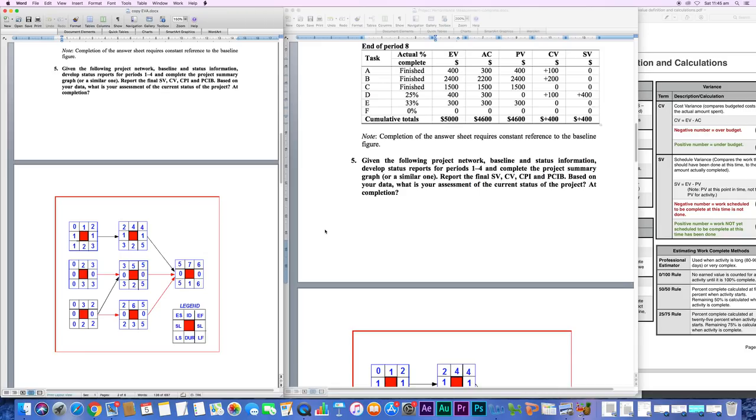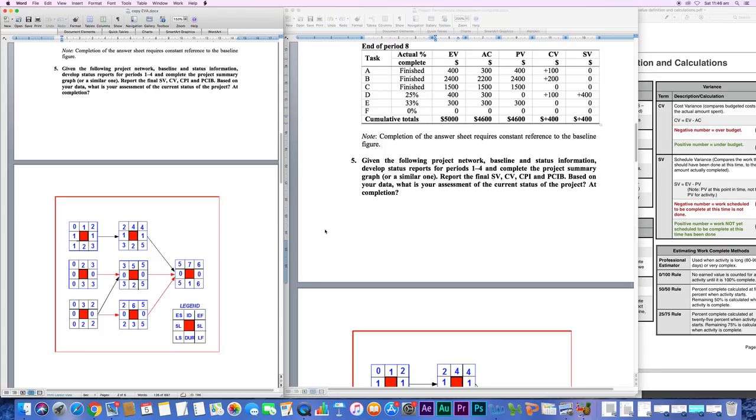The network is given to you, budget baseline is given to you, develop status reports for periods 1 to 4 and complete the project summary graph. Report the final schedule variance, cost variance, CPI, PCIB. So we are asking to deliver more. Based on your data, what is your assessment of the current status of the project?